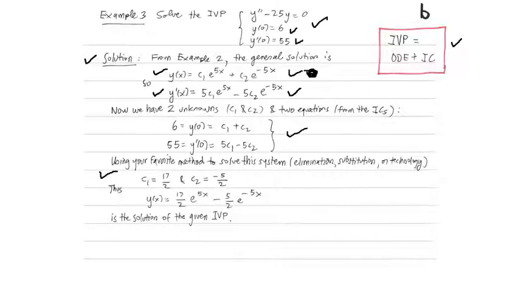Back up here, you take those values for C1 and C2, which we found by solving that system, and you plug those back into that blob expression, and that gives you this expression, which now is the solution of the given initial value problem, meaning it satisfies the differential equation and it also satisfies our two initial conditions.